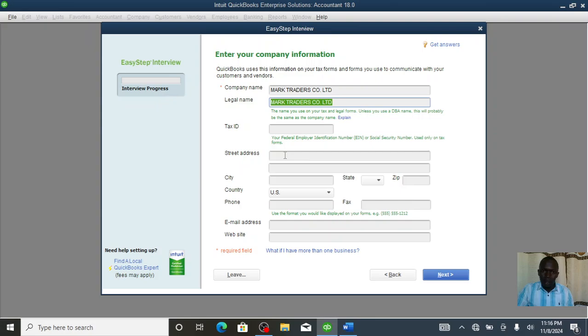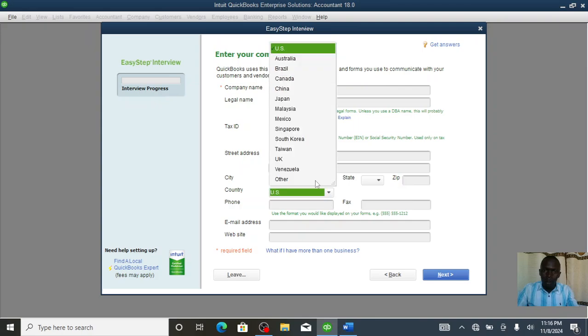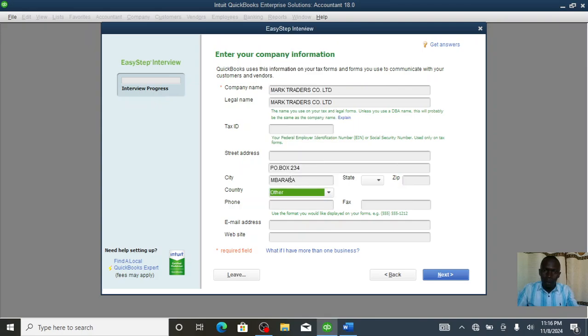Then the street address is P.O. Box 234. The city is Barara. Then the country we put other.